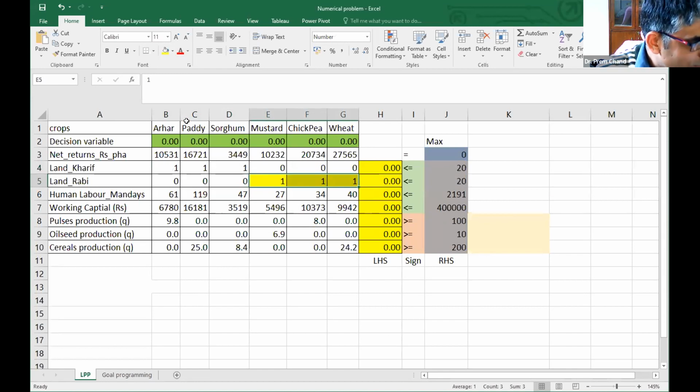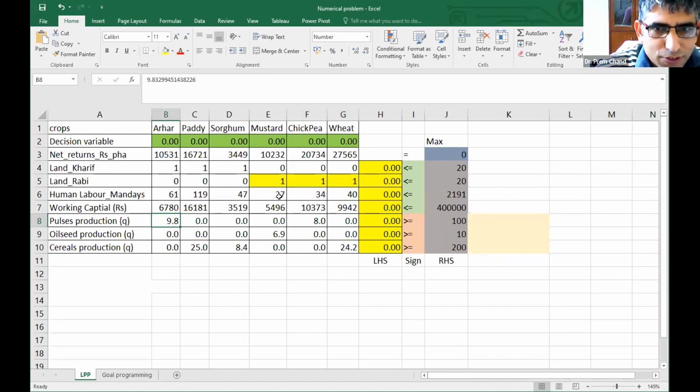So my first statement is formulated in the form of an LP. And then the yields are there.